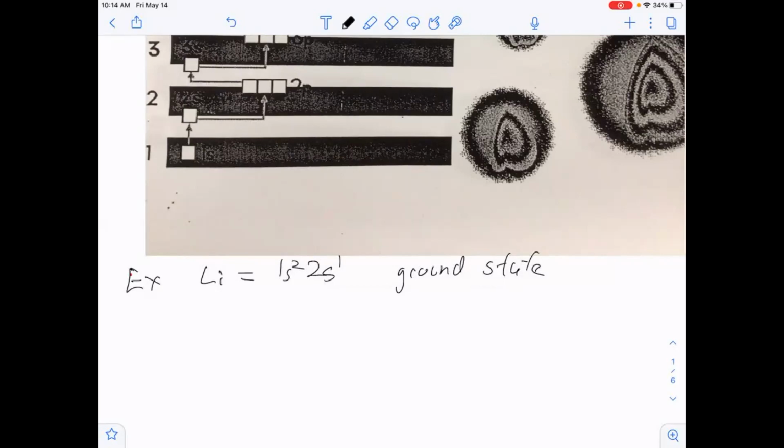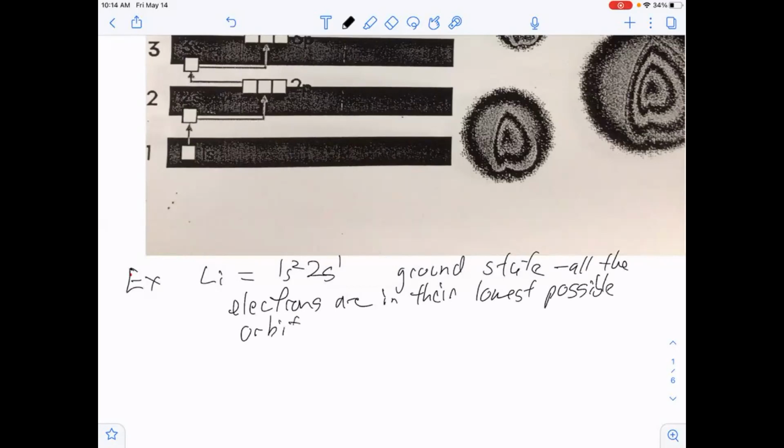Ground state is when all the electrons are in their lowest possible orbitals.